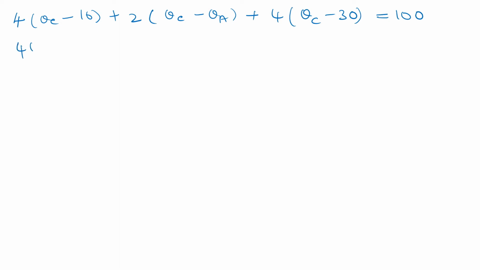Now multiplying: 4 theta C minus 40 plus 2 theta C minus 2 theta A plus 4 theta C minus 4 into 30, that is 120, is equal to 100.